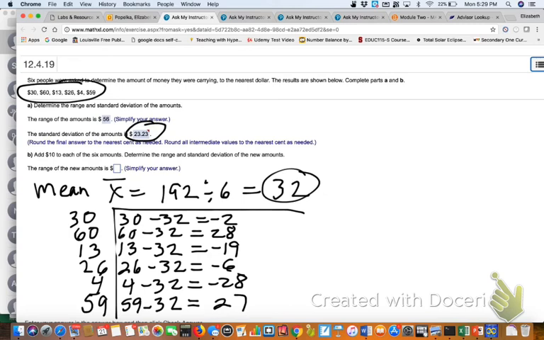So then, once you found the difference between the number in the data set and the mean, then you have to take that difference and square it to get the third column.